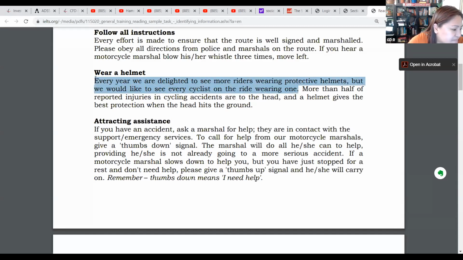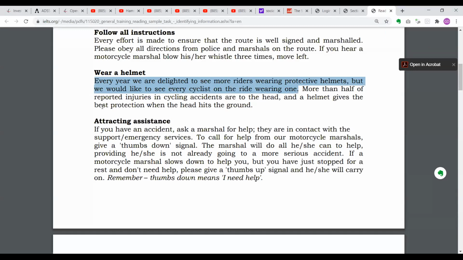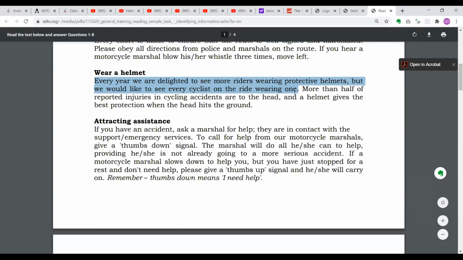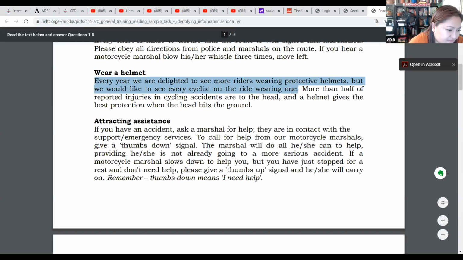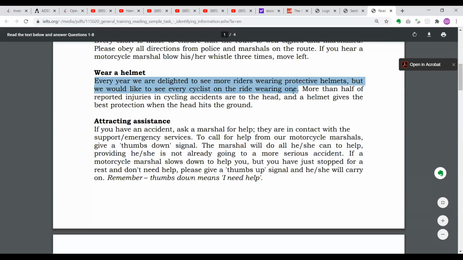Does this passage say that wearing a helmet is compulsory or no? No. So the answer is false.